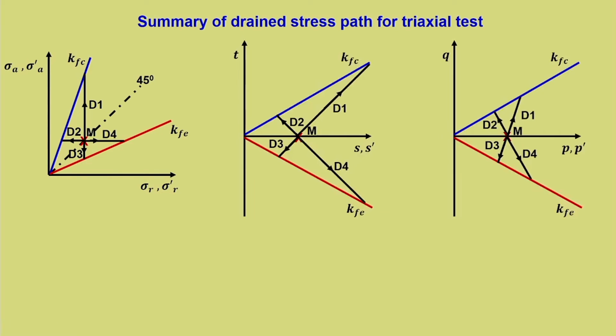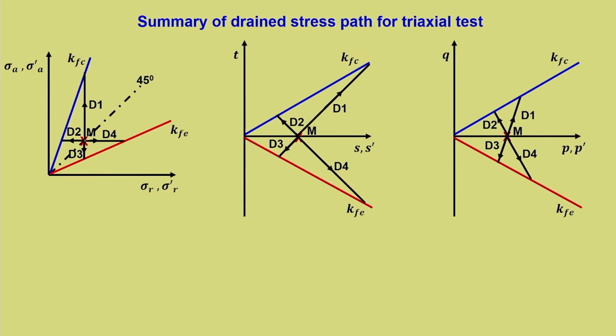Now, another important aspect which we need to understand is that depending upon the stress path, the failure, when it is going to happen, is also dictated by the manner in which the stress path changes. Let us say for the case of D1, you can see that so much allowance is possible. So, the strength available is this. So, when it reaches here, it fails.